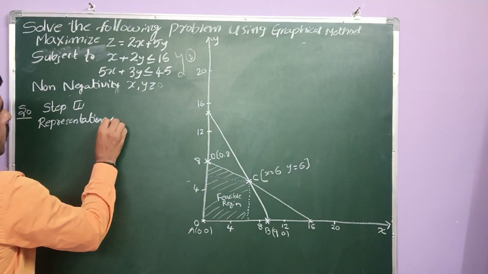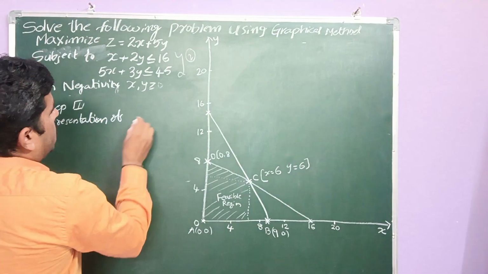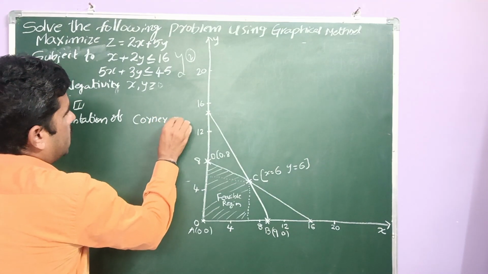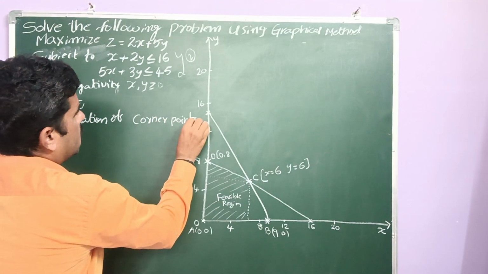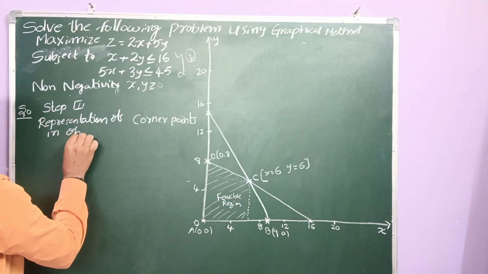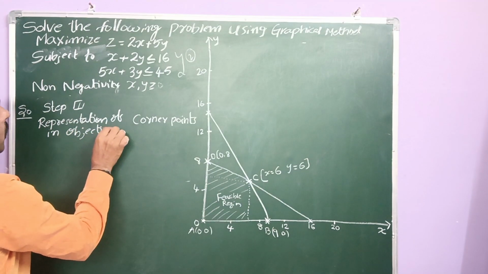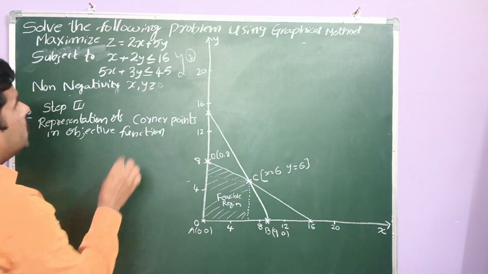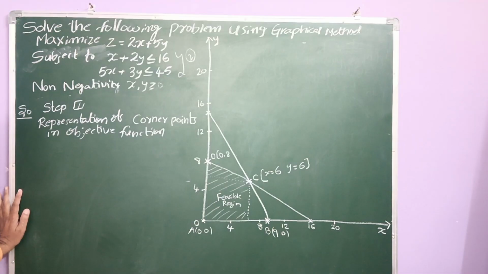Representation of corner points in the objective function. So what is our objective function? Here our objective function is maximize z is equal to 2x plus 5y.